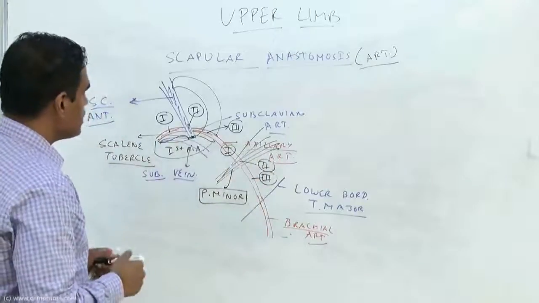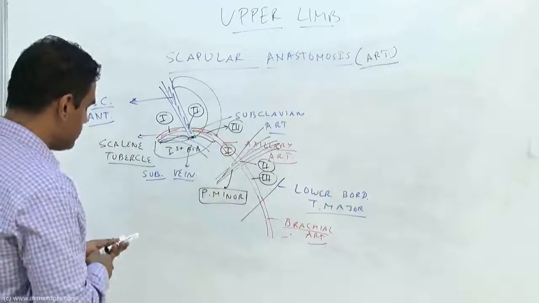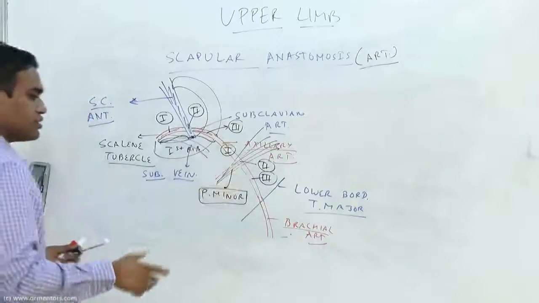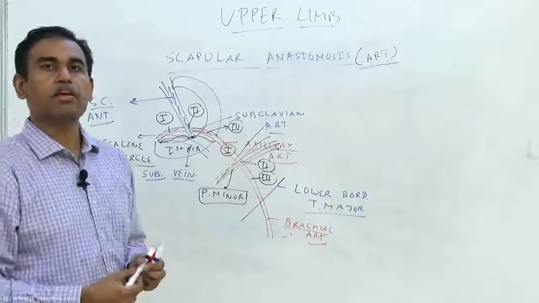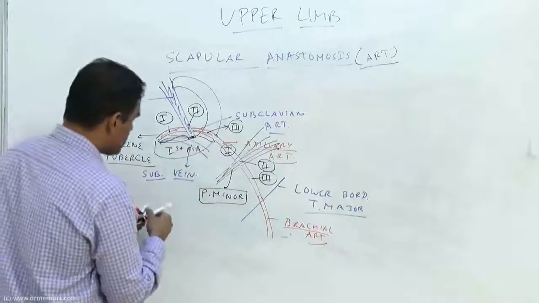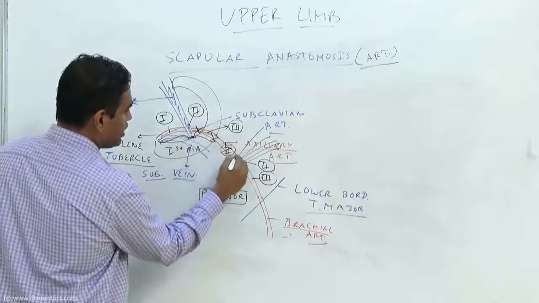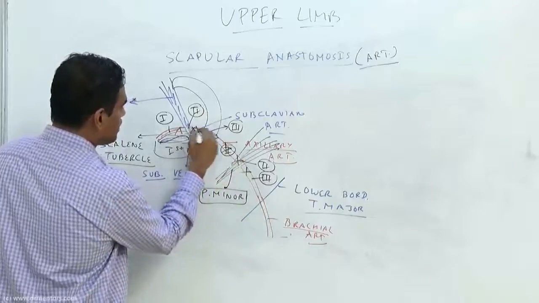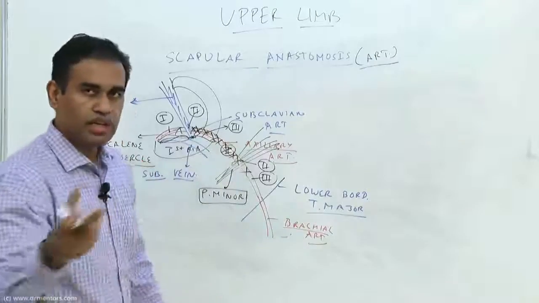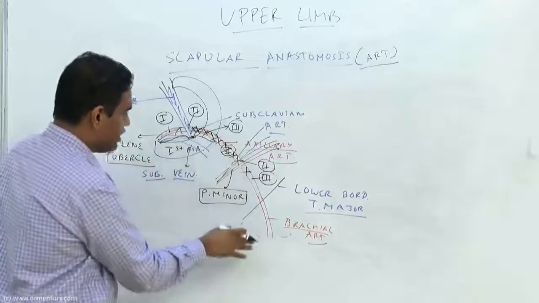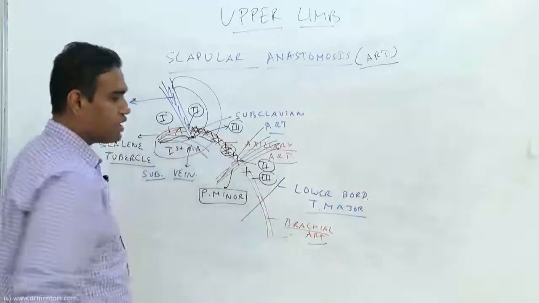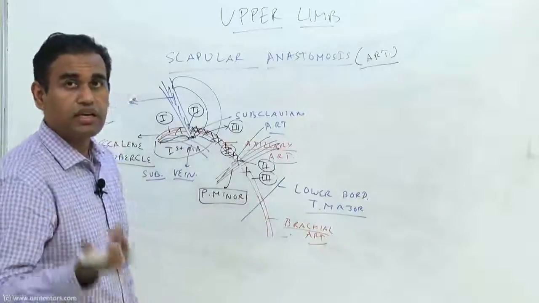Now what happens over here, understand this point, is that supposedly due to any reason, and there are many reasons, the most common one being the cervical rib, there is a constriction at any of these levels. There is an arterial constriction, or the artery is being compressed around this whole area. Then the blood won't be able to reach the upper limb, and the whole upper limb may get necrosed.